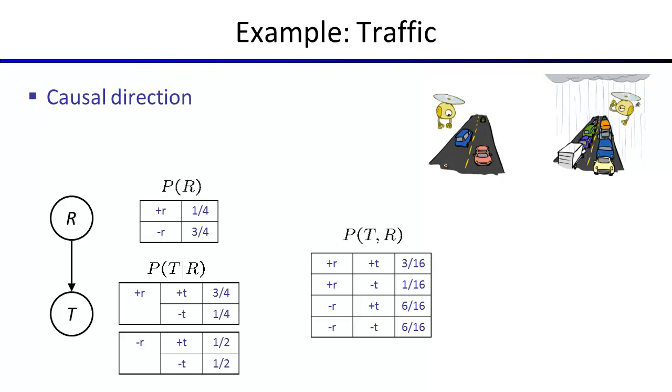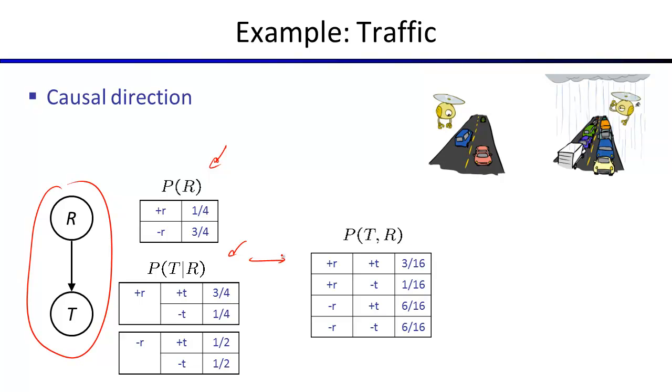This example we've looked at before, and we've looked at this Bayes net here. Rain could cause traffic, really meaning that the random variable rain could influence whether there is traffic or not. The natural representation we have worked with so far looks like this: two conditional probability tables associated with the Bayes net graph. And we can build a joint distribution from those tables.